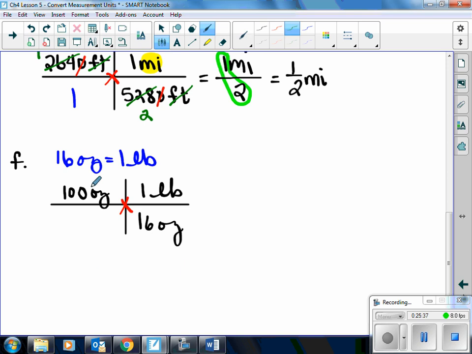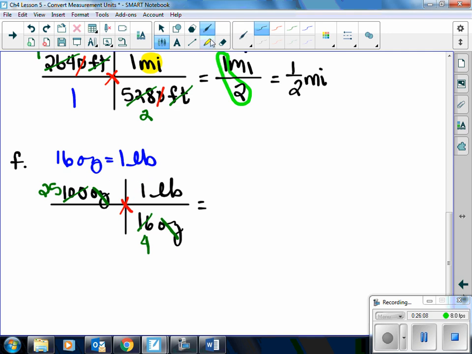Good. So ounces and ounces will cancel, right? And what can I divide into 16 and 100? 2. We can do better than 2. How about 4? Okay. So 16 divided by 4 is 4. And 100 divided by 4 is 25. Very good. So now, when we multiply straight across, we have 25 times 1.